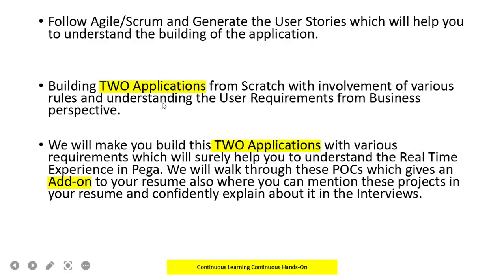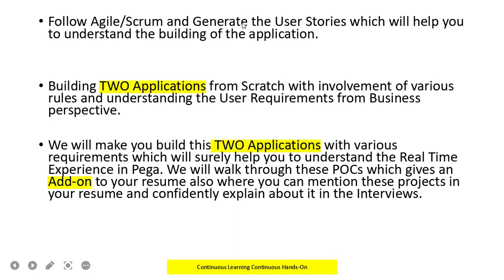We follow the agile methodology in real time, how the projects go. Nowadays agile methodology is followed in every Pega project. So we follow that agile methodology and we'll give the user stories.